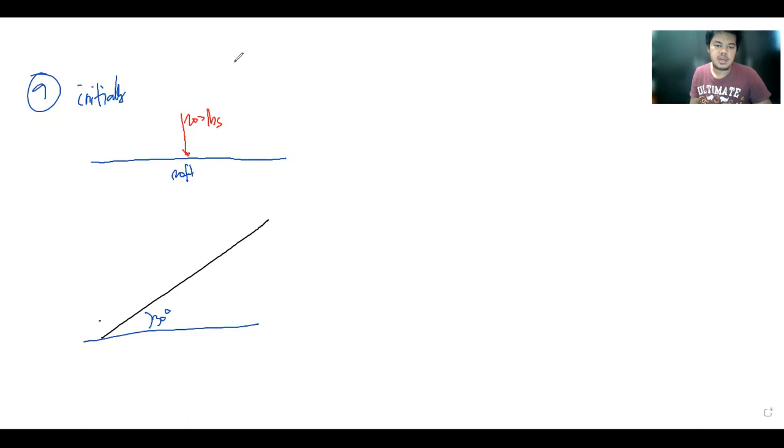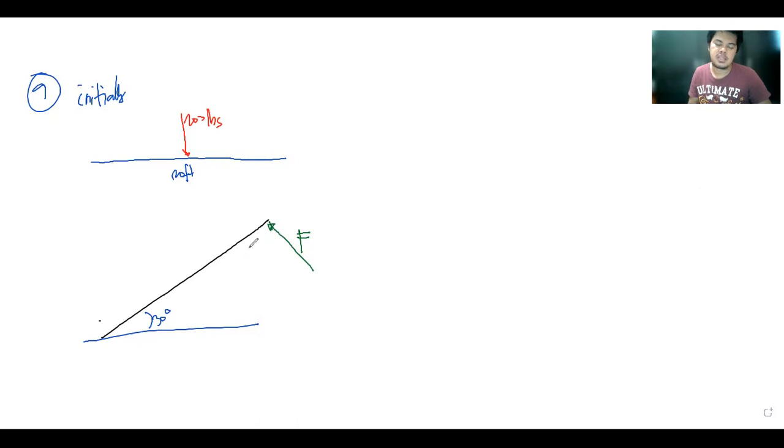According to the problem, the carpenter lifts the other end, but the force exerted is perpendicular with respect to the beam. So this would be the force exerted by the carpenter. In order for the beam to be inclined at a 30-degree angle, it was stated that he maintains it in this position.